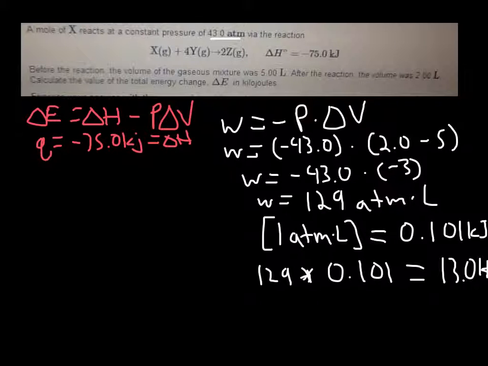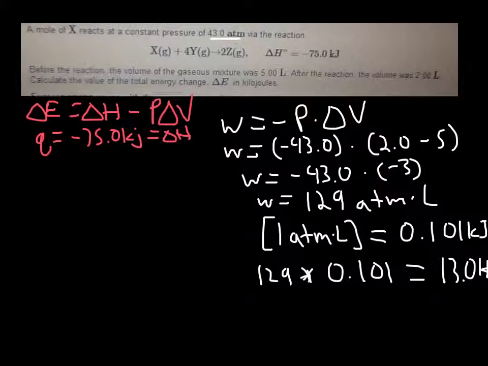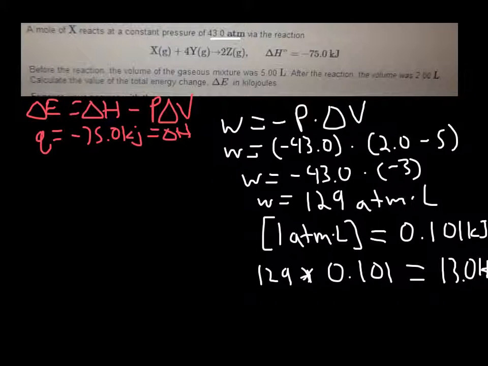Now let's go back to the original formula. We have delta E equals delta H minus PV, which, more simplified, is delta E equals Q plus W. We already know everything. We know Q, it was given, minus 75, and we know W because we just calculated it.